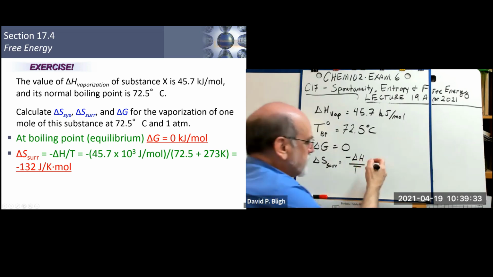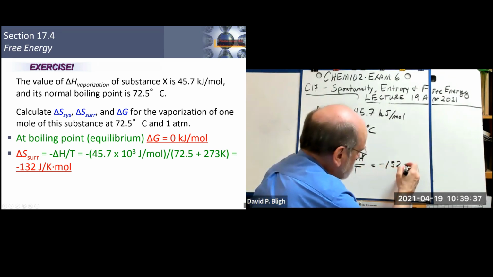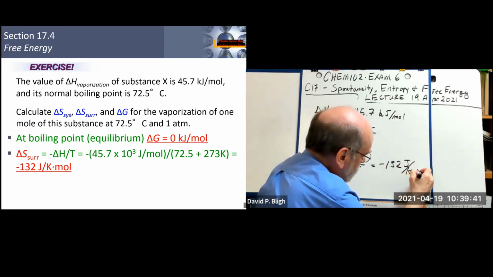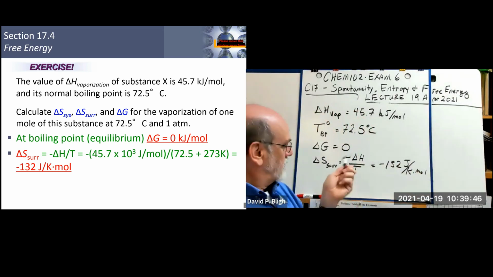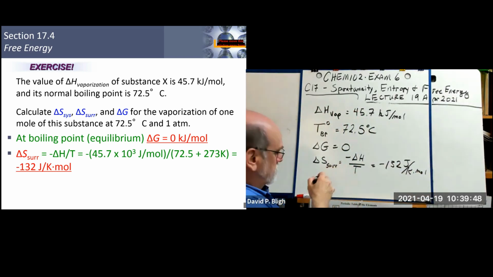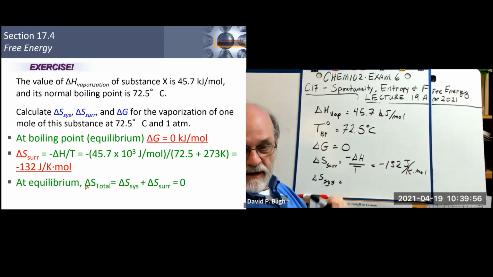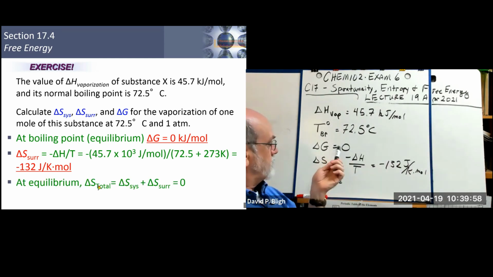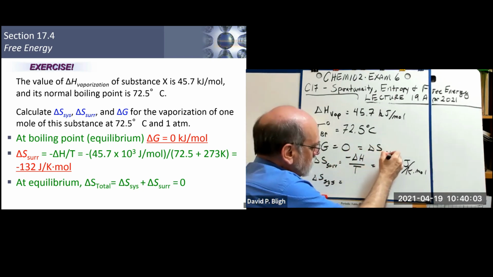Right? So if this one is equal to minus 132 joules per K mole, and you're at equilibrium, then what's the system? Well, if delta S total is 0, this is also equal to delta S total.